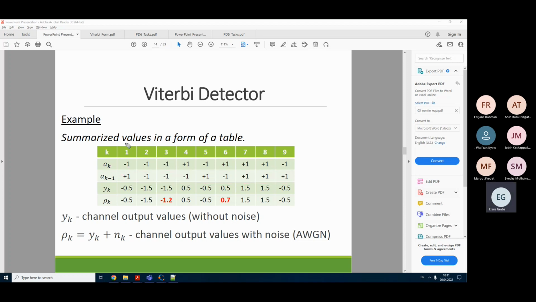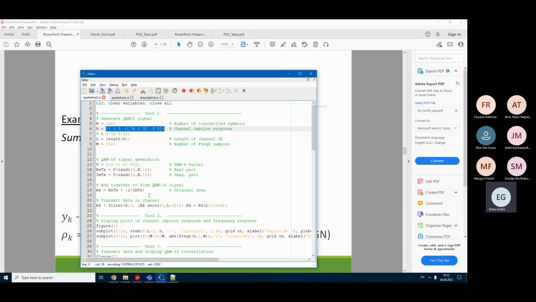So this table is just to summarize what we have done so far. This is exactly the same thing as we did in the practical exercise when we applied the channel, and then we even add noise.